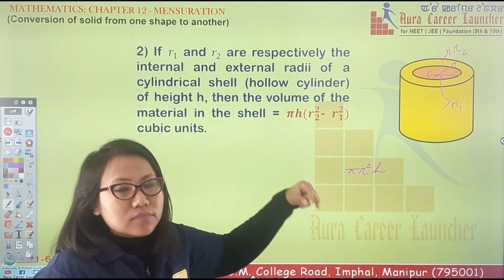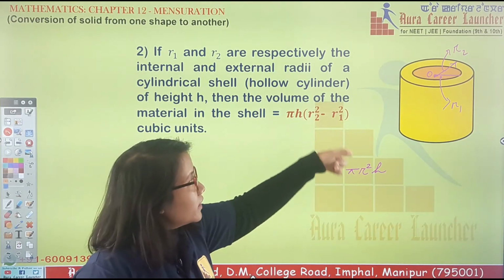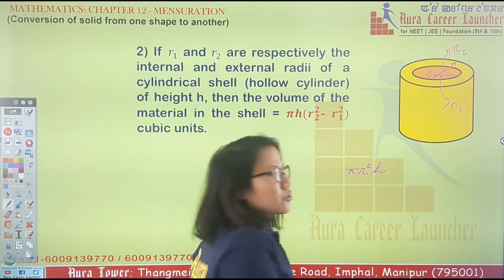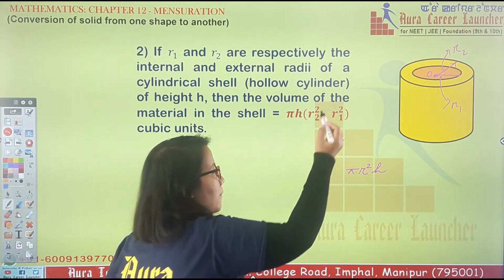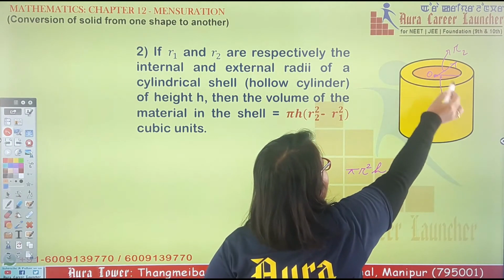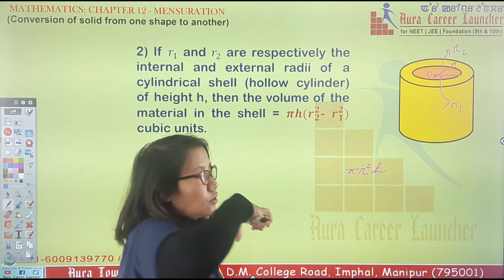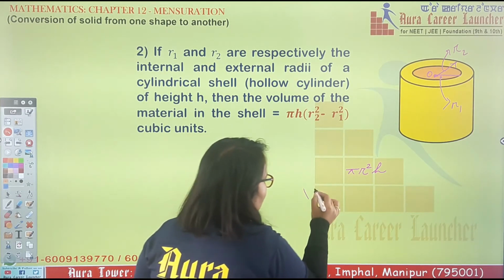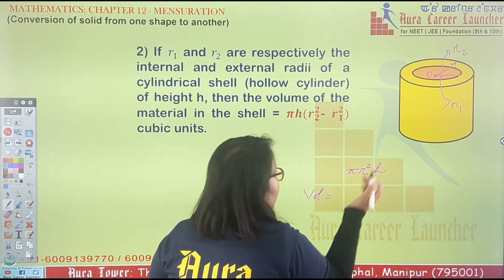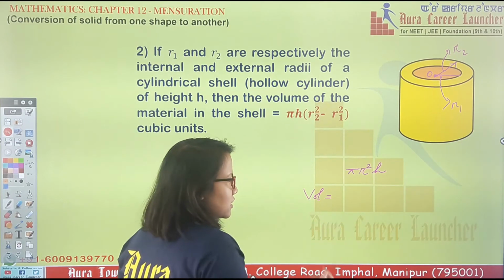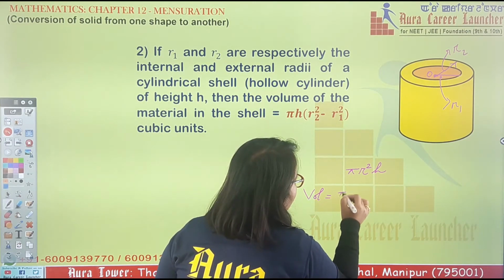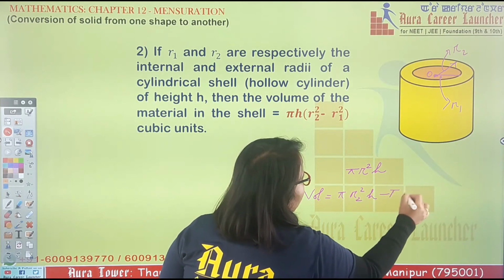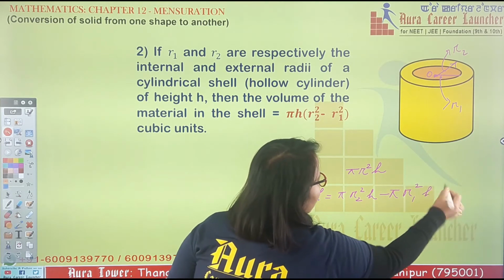Since it is a hollow cylinder, the orange colored portion is empty space, filled with air. The volume of the material should be the volume of the outer cylinder minus the inner cylinder. Outer cylinder: pi R2 squared h, minus pi R1 squared h.